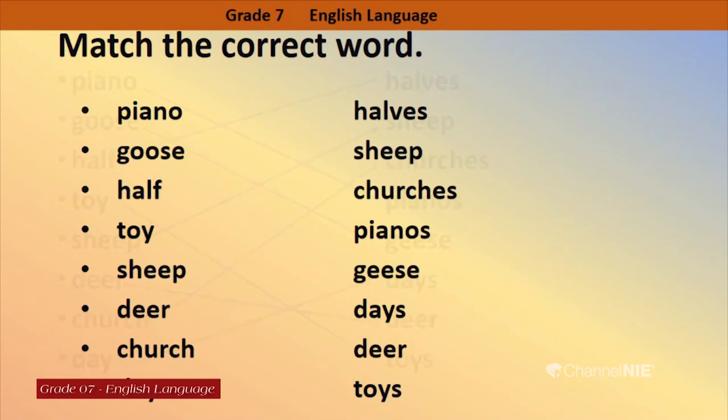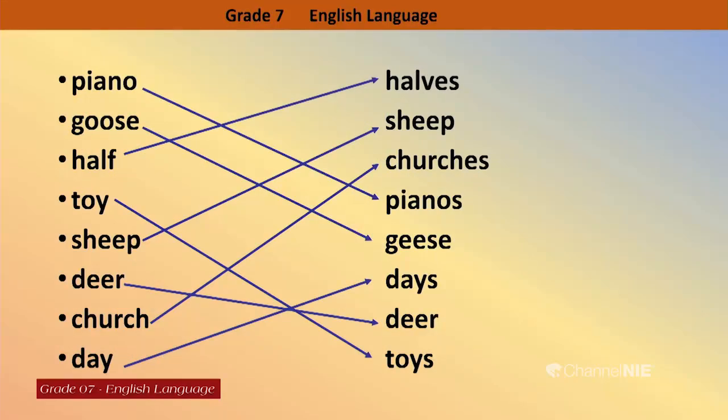The plurals are given. Now let's go to the matching activity and see. Here I am going to explain a few things for you too. Piano becomes pianos. The O is there, but we don't add E, only S. There's an exception. Remember that.